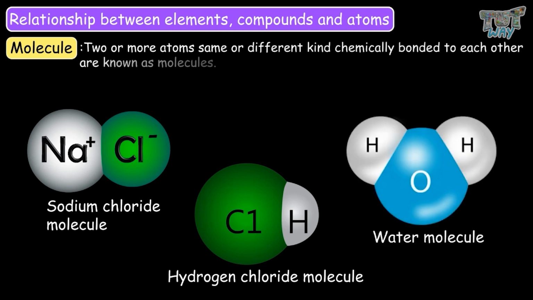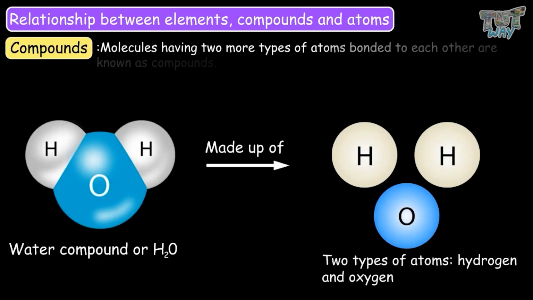Two or more atoms of the same or different kind chemically bonded to each other are known as molecules. Molecules that have two or more types of atoms bonded to each other are known as compounds. Now we have revised what we learned in the last section.